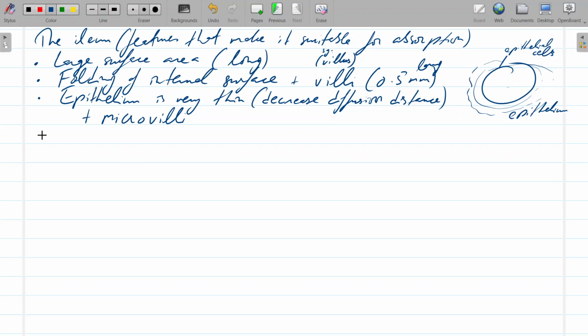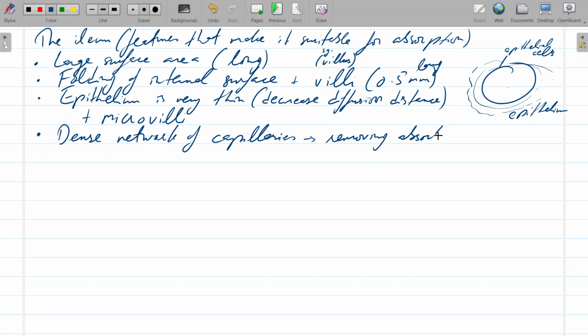And then we just talked about maintaining a diffusion gradient. So there is a dense network of capillaries, and what that does is it keeps absorbing and removing absorbed nutrients. The absorbed nutrients don't stay in the epithelium or the epithelial cells of the intestine.